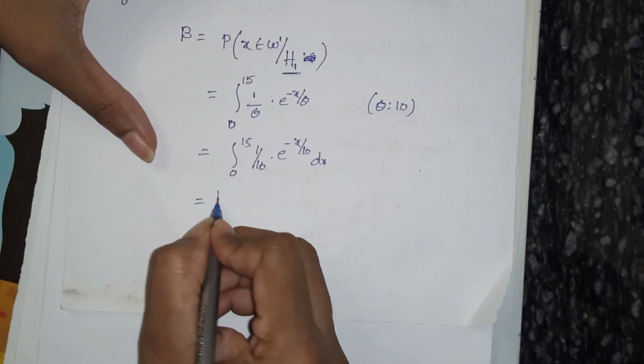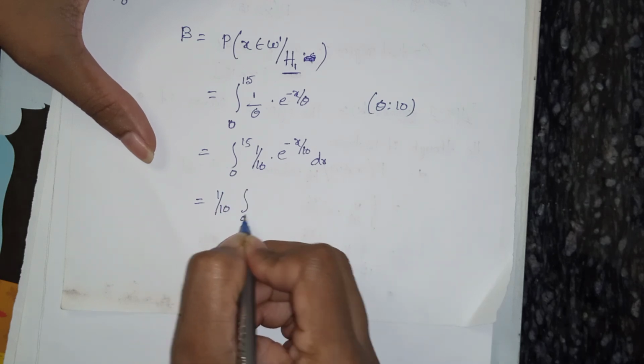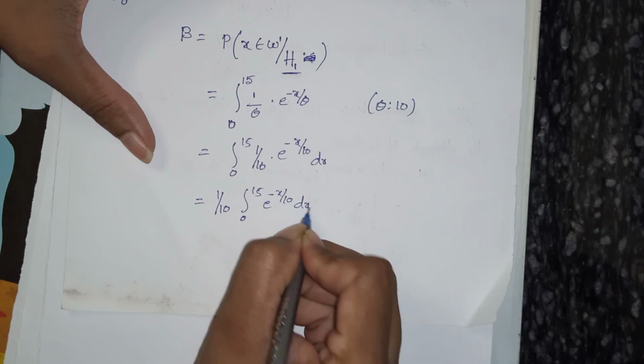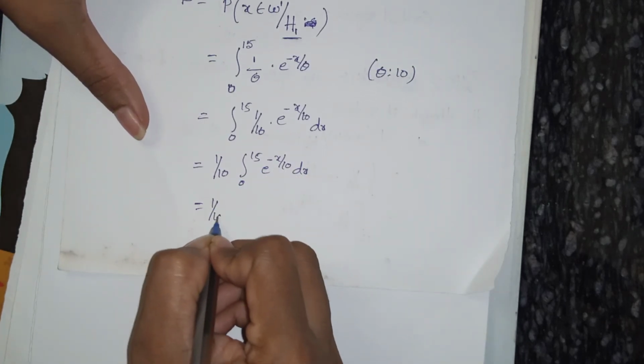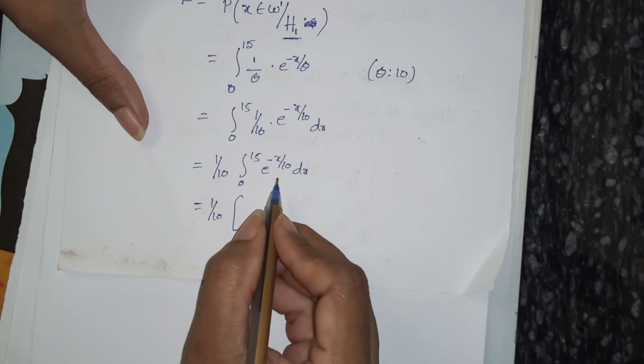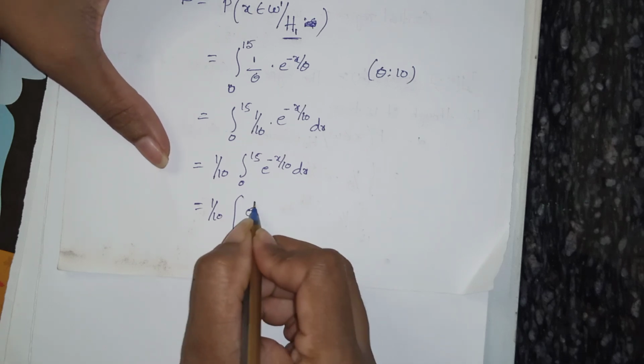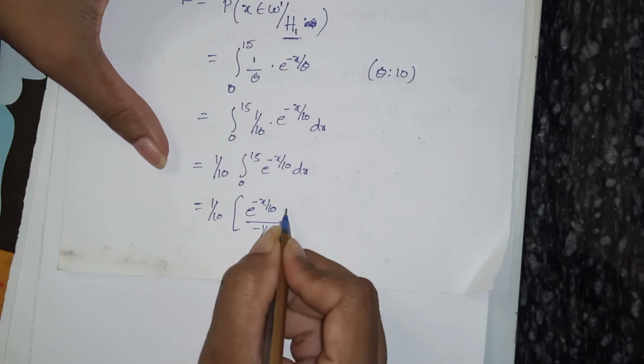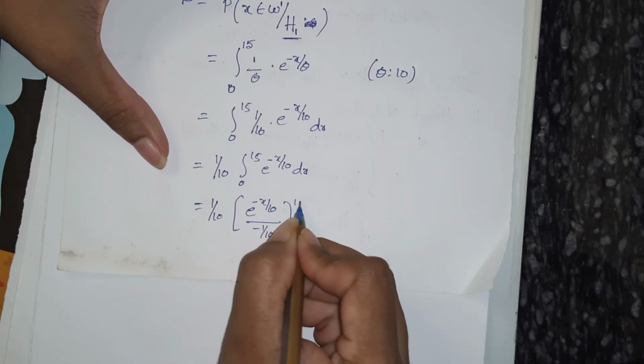Here 1 by 10 is a constant, integration 0 to 15 of e to the power of minus x by 10 dx. So 1 by 10 into e power minus x by 10 by minus 1 by 10, with limits 0 to 15.